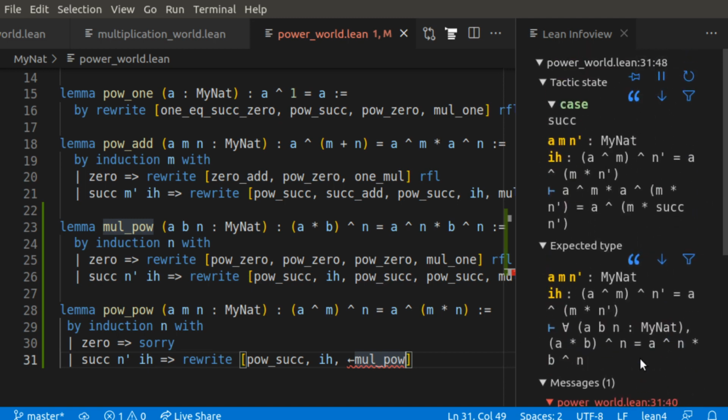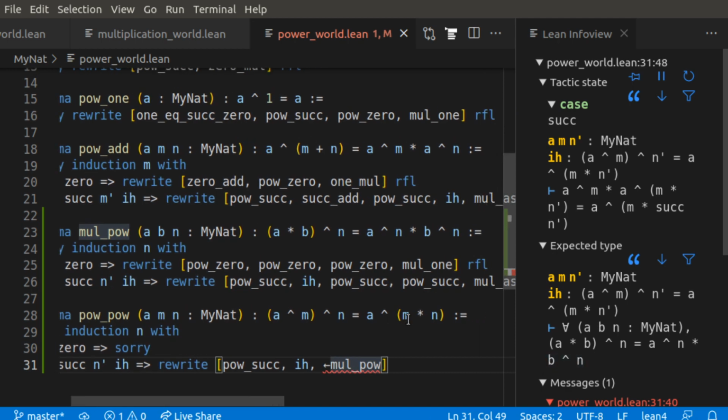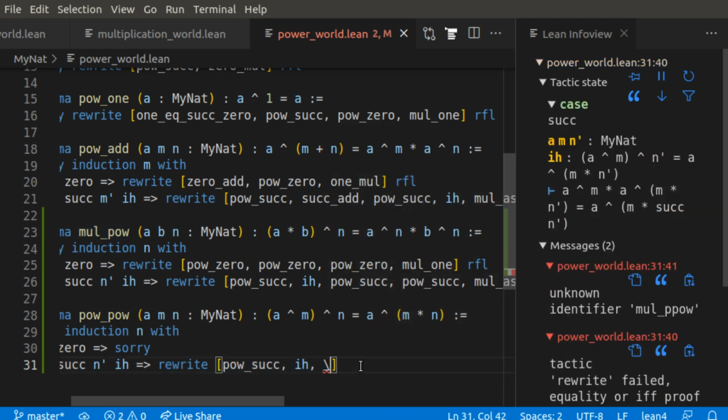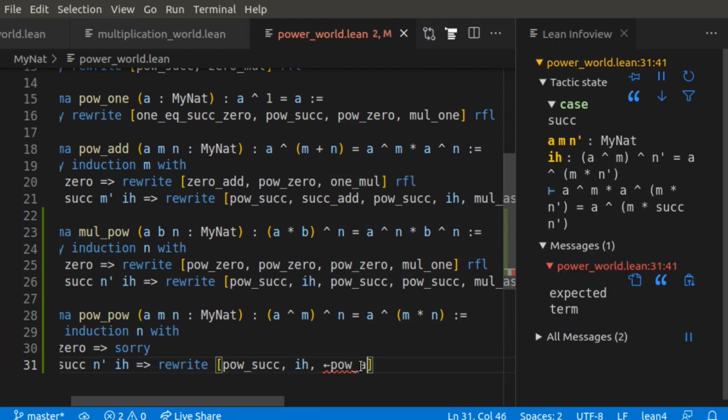And I get a times b in the denominator. Well, that's hard. Pow add maybe? A to the power. Okay, pow add looks more promising. Pow add.